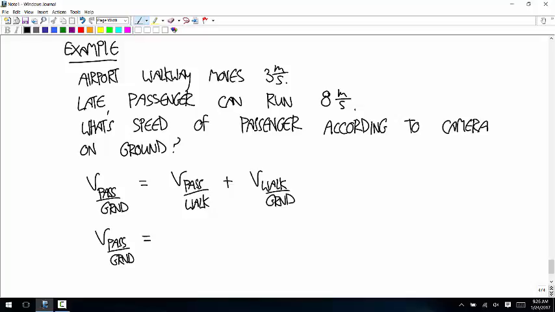And that's equal to, what's the velocity of the passenger according to, say, a camera fixed on the walkway measuring the passenger running? That's right, 8. And what's the velocity of the walkway compared to the ground? That's 3. And so the velocity of the passenger that would be measured by somebody on the ground is 11.